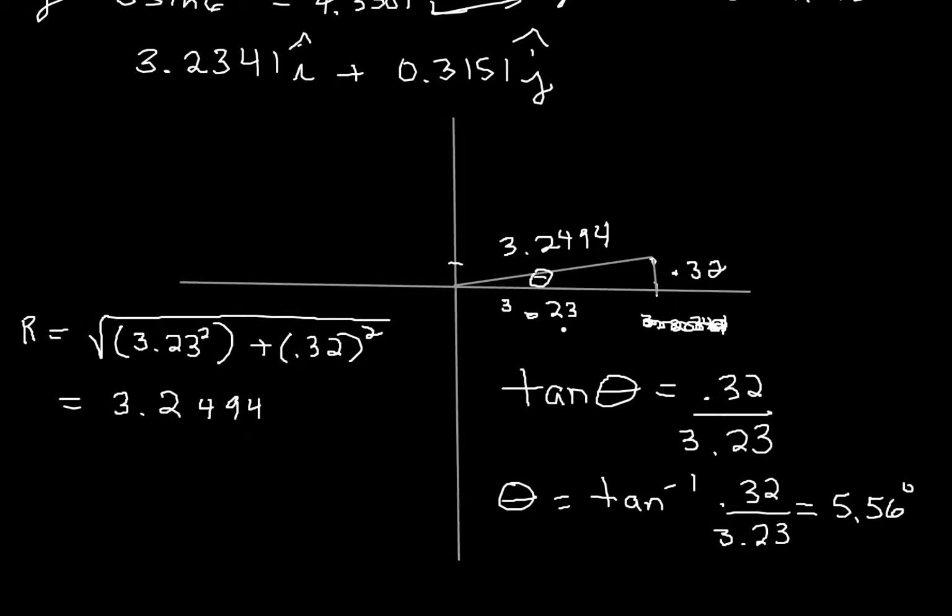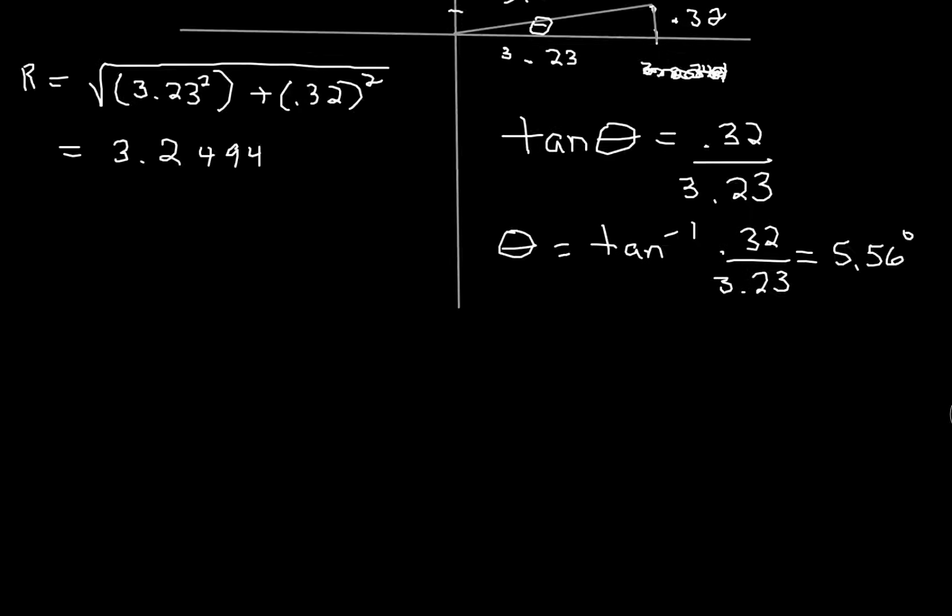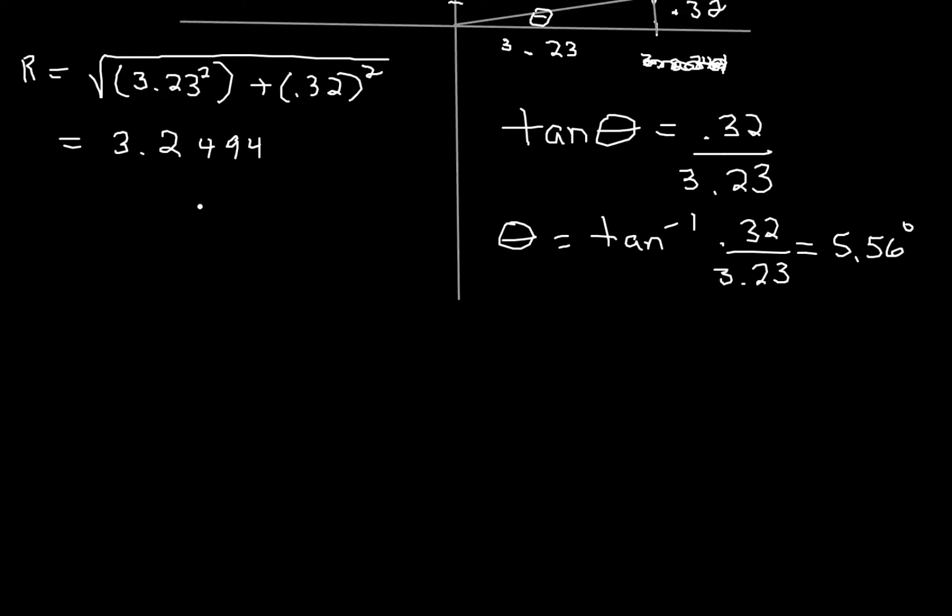You can see it's consistent. It should be a really small angle. And finally, we can write our answer. When we add those two vectors together and then change it back into polar form, the vector length is 3.25 at 5.56 degrees. I didn't even plan on doing that problem. Okay, back to our regularly scheduled program.